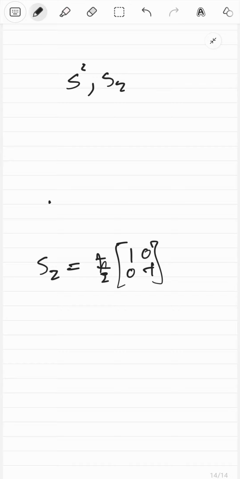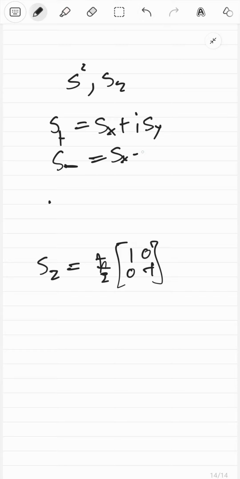And the two ladder operations that we have for angular momentum, and also for orbital angular momentum and for spin angular momentum, are the plus and minus operators. So S plus is just Sx plus iota Sy, and S minus is just Sx minus iota Sy, and these are given by these matrices.